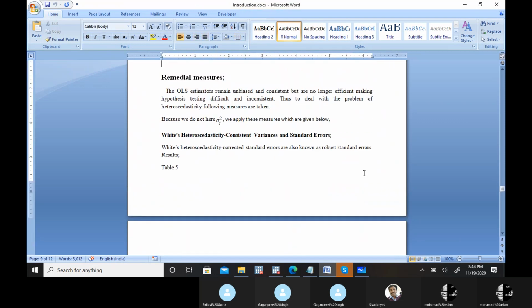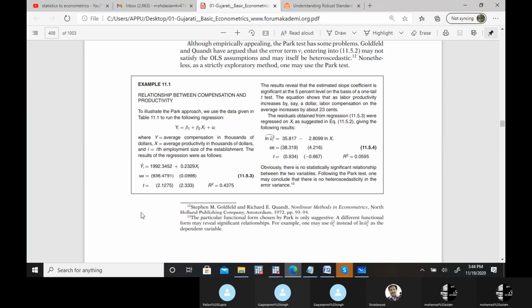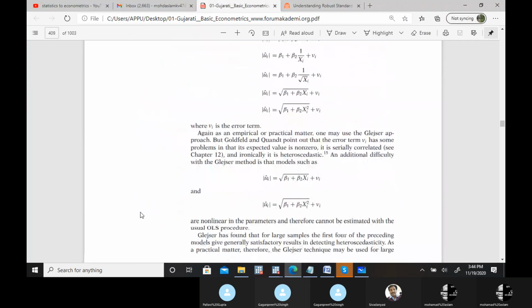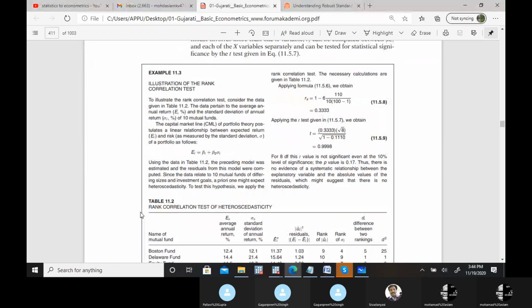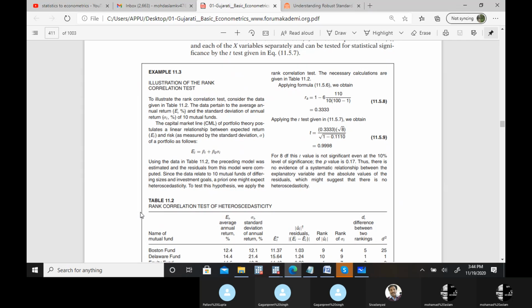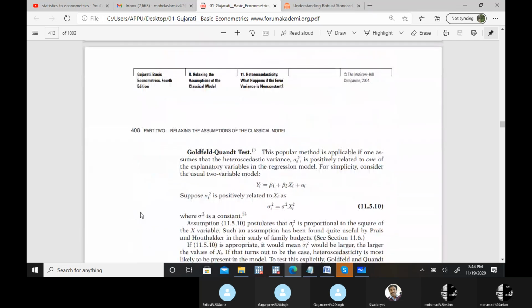After the detection methods, it's the question of remedial measures. If we have heteroscedasticity, we know the consequence is that we might find high variance in standard errors, it might reduce t ratios or increase confidence intervals. That means hypothesis testing is not correct.